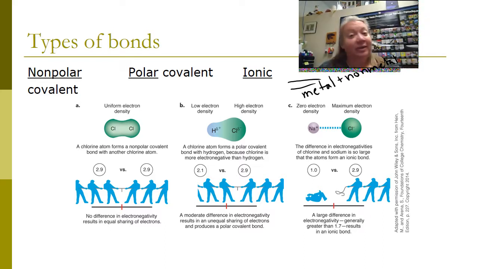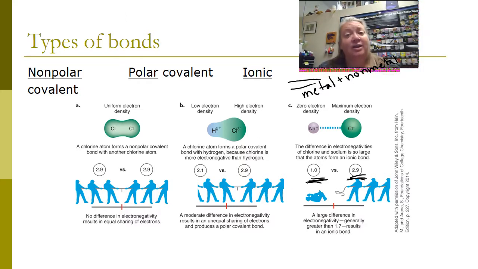Metals don't want electrons, they want to give them away, so they have very low electronegativities. Now, we actually can show that with these numbers down here at the bottom. That's what those numbers mean. Now, on tests and everything, you won't be expected to know what the numbers are. Just in general, nonmetals, high electronegativities, especially fluorine. Metals, really low.